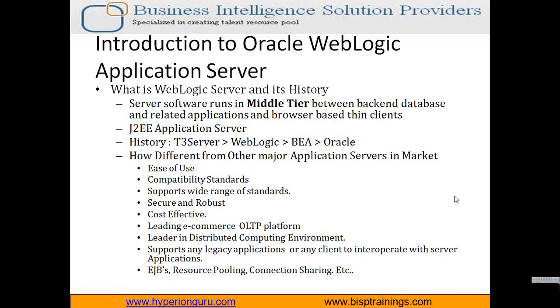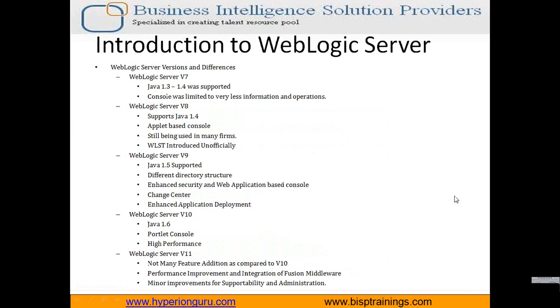And the next thing we'll be looking at is an introduction to WebLogic server, what exactly it came across, and how it was before and how it is now. Oracle WebLogic server came into real existence from WebLogic server 7, because before that there was 6.1, which was not really so effective.